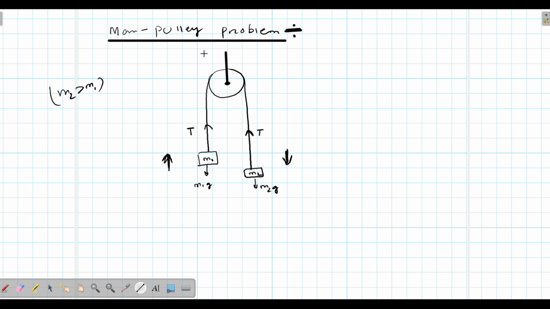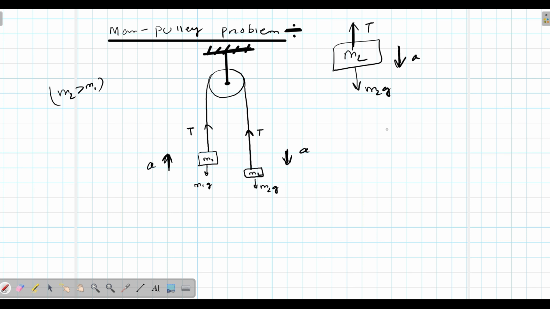So this is the mass pulley numerical. That is the acceleration. For m2, this is m2g, this is T, this is acceleration.